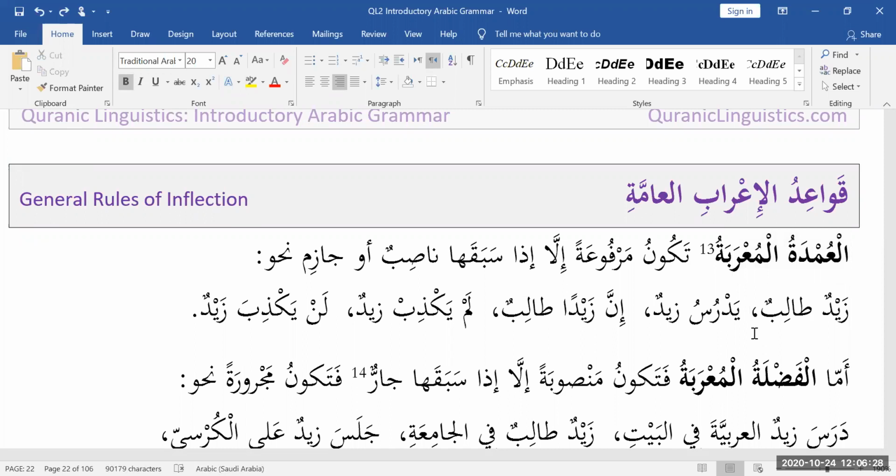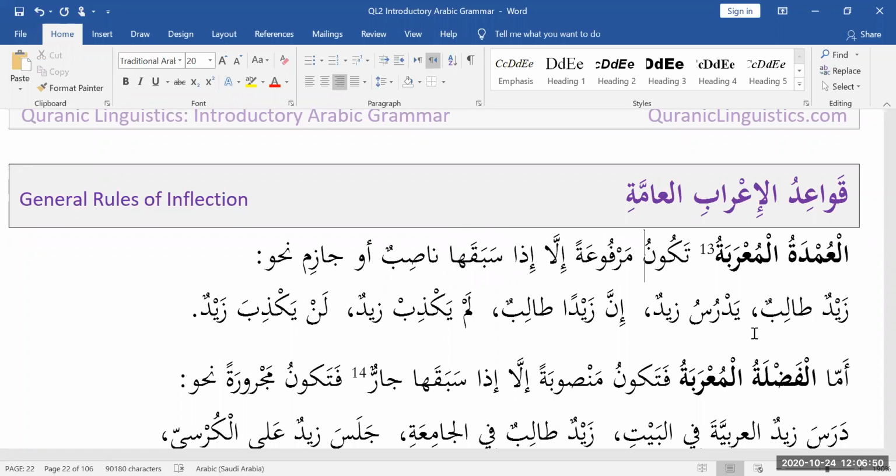In other words, we're not talking about an uninflected pillar. Takunu marfu'atan. It's marfu'a, meaning that it's in the rafa state. Illa, except, when sabaqaha, preceded her. Who are we talking about? Who is this ha going back to?